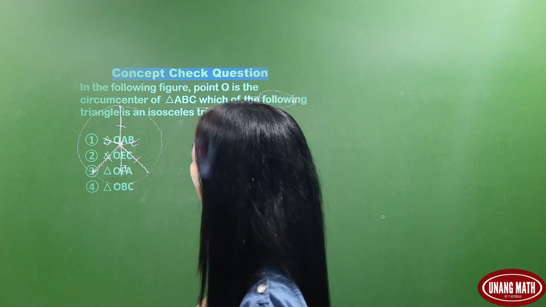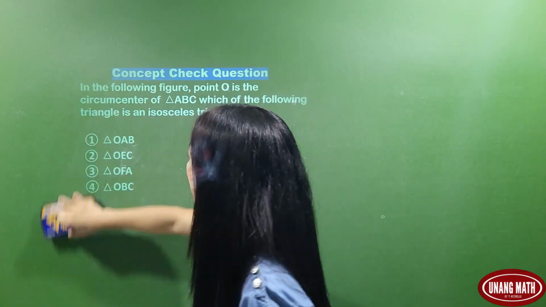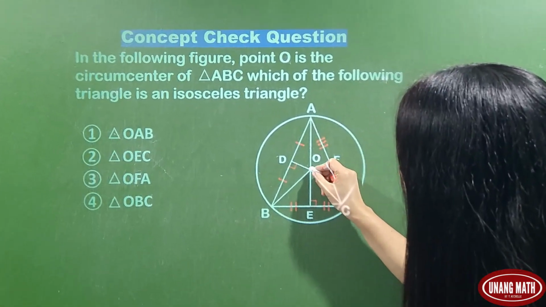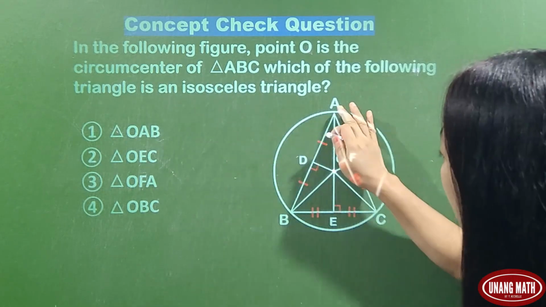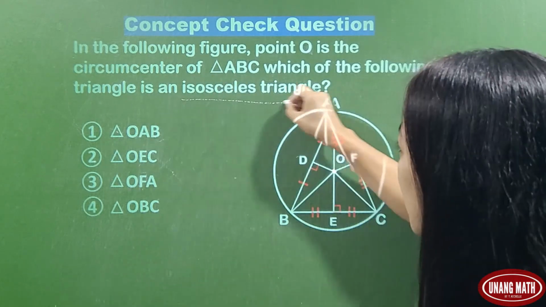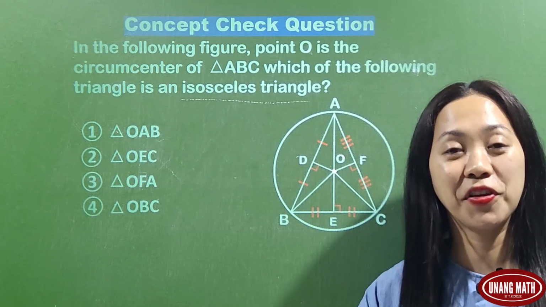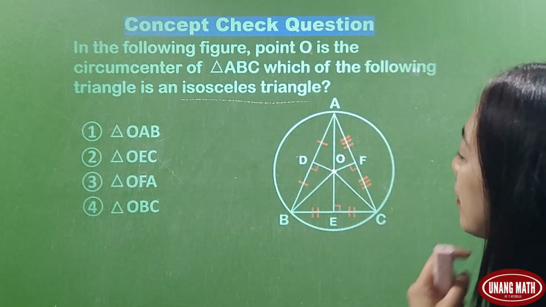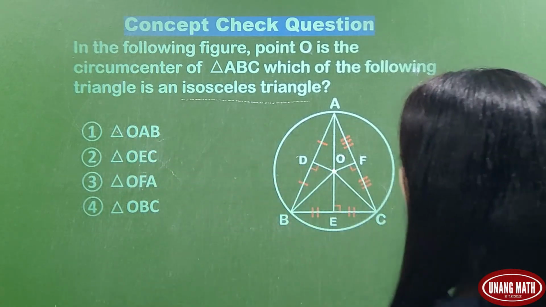Now let's give an example by answering this concept check question. In the following figure, point O is the circumcenter of triangle ABC. Which of the following triangles is an isosceles triangle? When we say isosceles triangle, there are two sides that are equal and two angles of the same measure. The first option is triangle OAB.